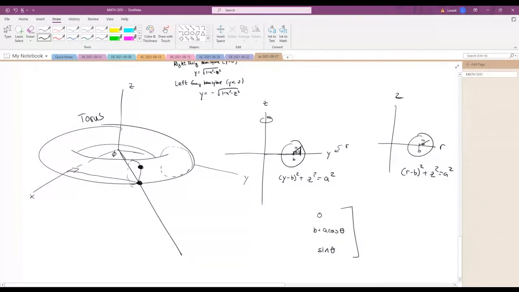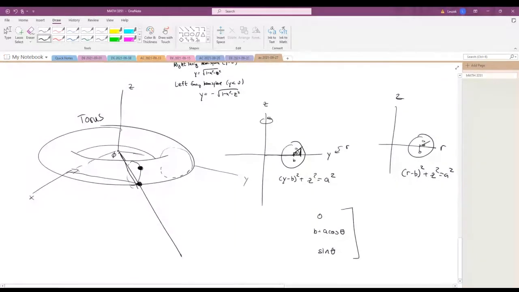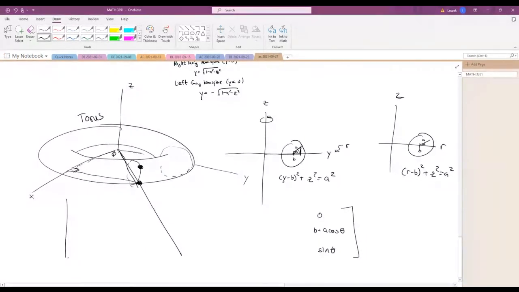Well, it would be r, right? So r would just be this distance times cosine of, the x component.